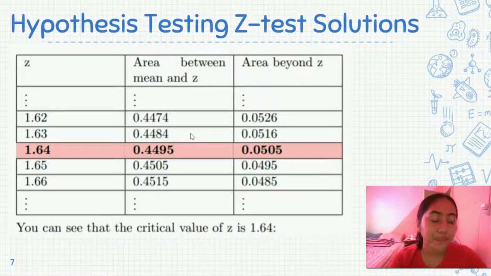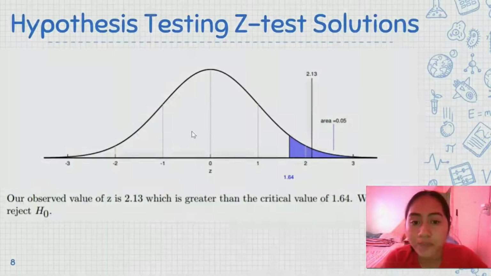Looking at our Z table for our alpha, which is 0.05, you can see that our critical value of Z is 1.64. It is in the shaded area, which is the color red. So that is our critical value of Z.